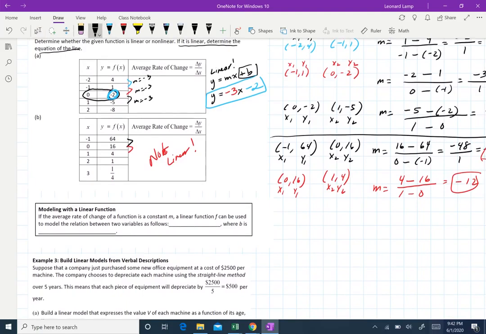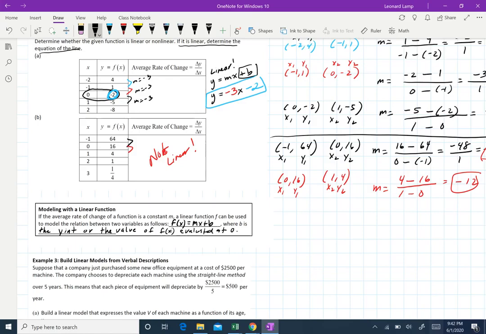So all they're saying, they're going to put some new notation here just because we know what function notation looks like. Instead of saying y equals mx plus b, they're just saying f of x equals mx plus b, where b is the y-intercept, or the value of f of x evaluated at 0.